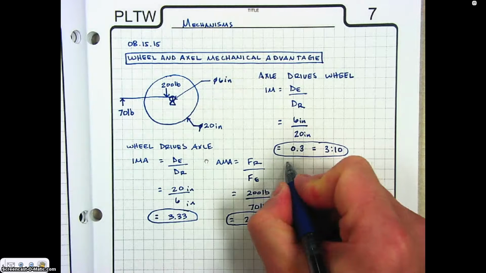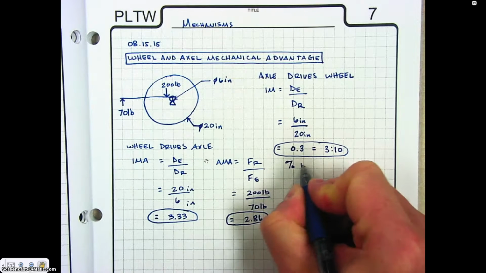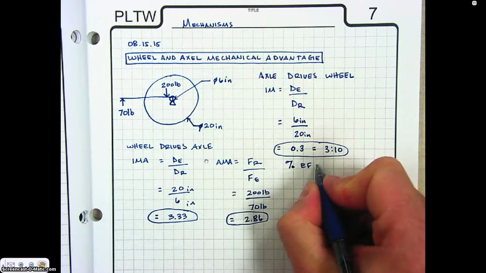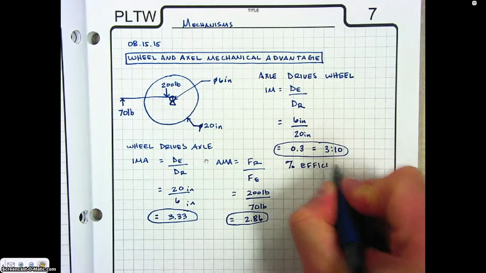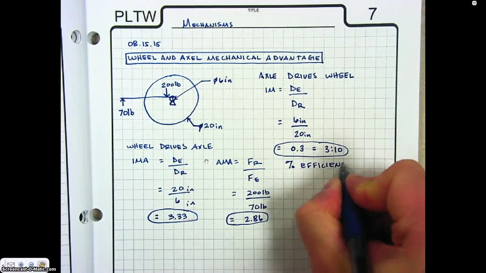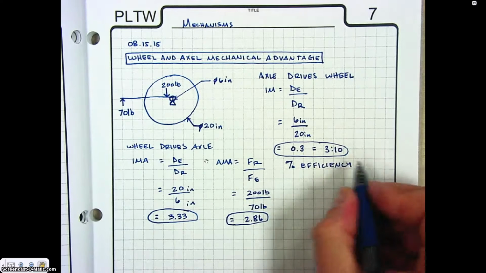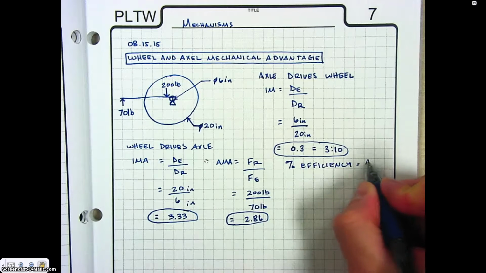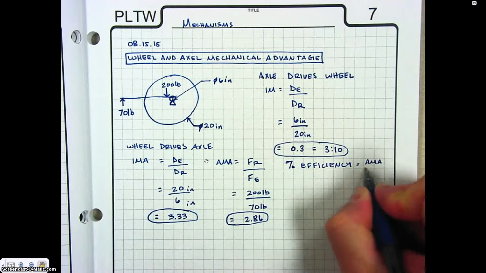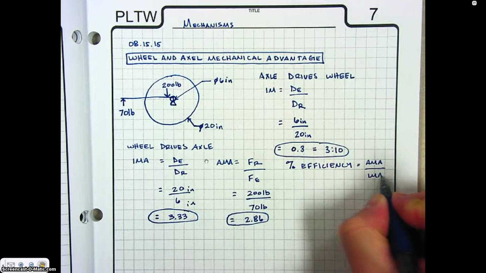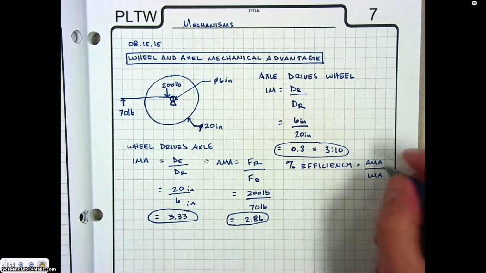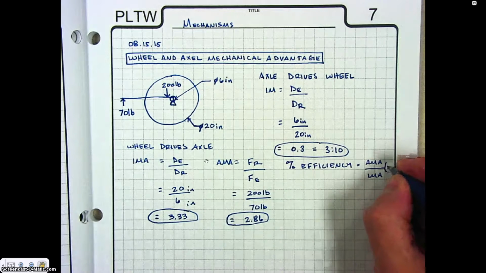Lastly, we can do a percent efficiency for the system. It's equal to the AMA over the IMA. If we want to get in percent form, we can multiply that by 100.